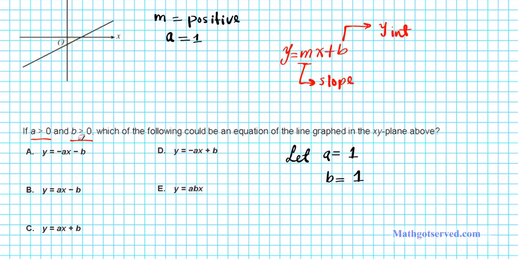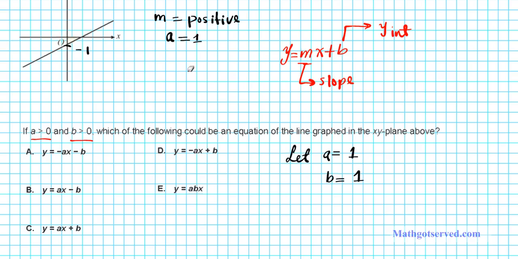Okay? All right. Now, let's shift to the B component. Okay? We know that B is a positive number since B is greater than 0. If you look at this graph, the y-intercept is in the negative y. Okay? So this should be something like negative 1.